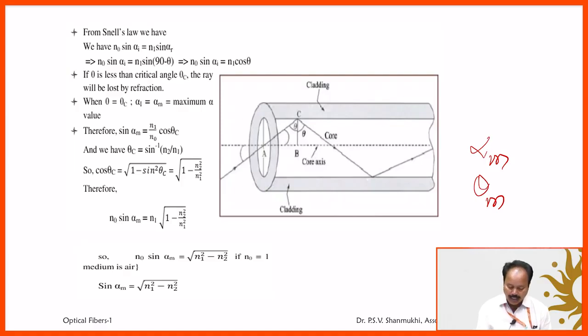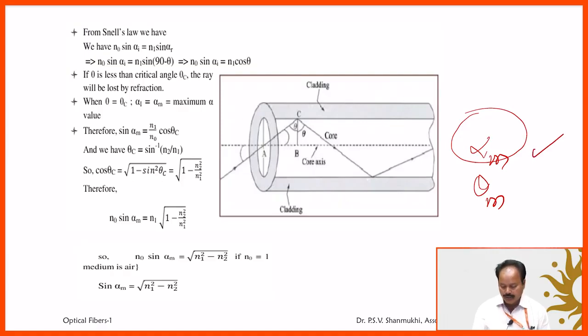If the light ray is incident within that limit, it undergoes total internal reflection. If the light ray makes an angle more than that, it escapes from the cable. So we have to determine the expression for the acceptance angle. Every optical fiber accepts up to a certain limit of the incident angle, beyond that it doesn't accept it.